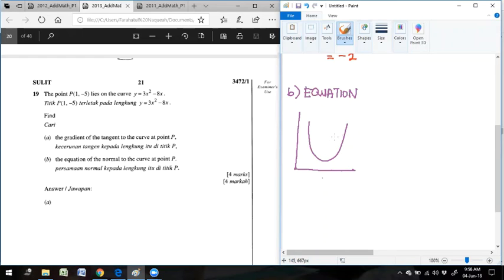Let's say this one is point P. At (1, -5), it's a tangent. This is a normal.